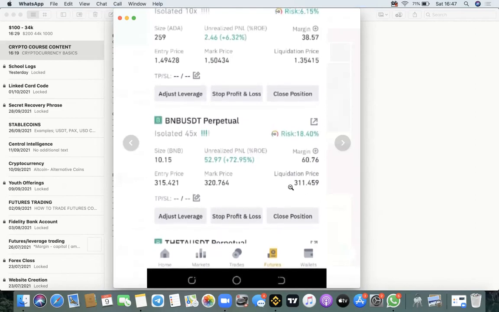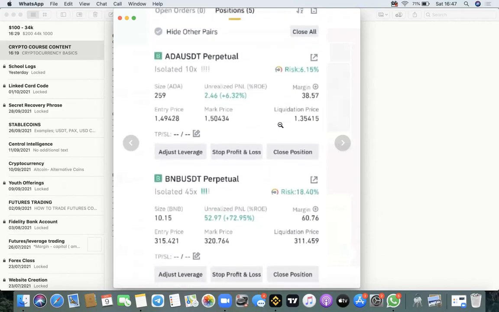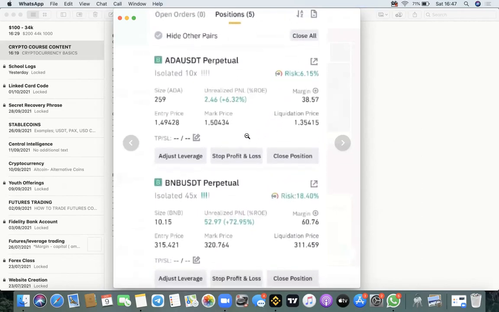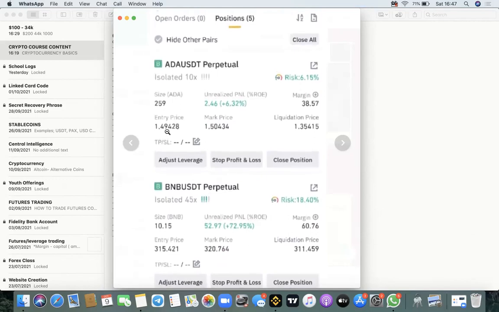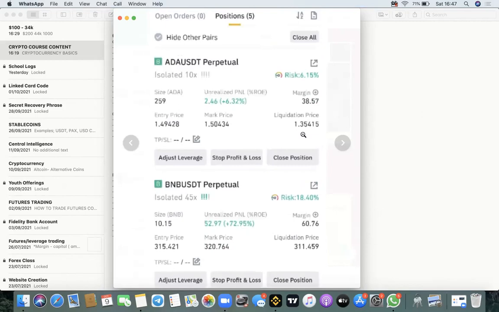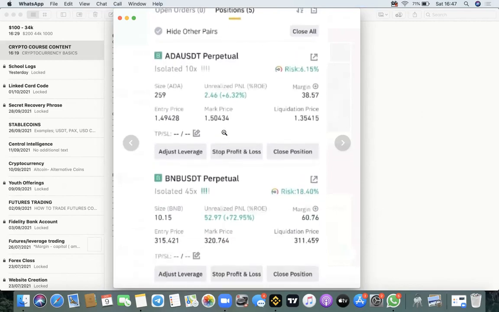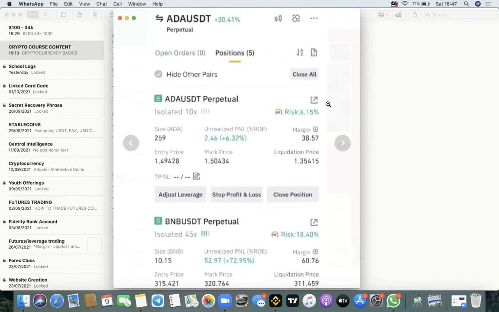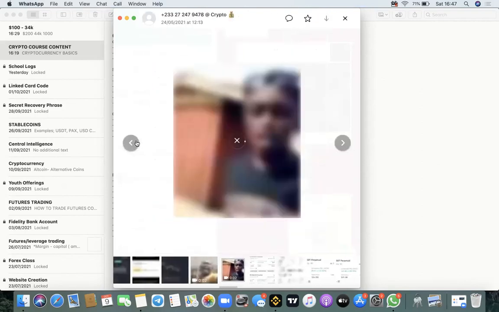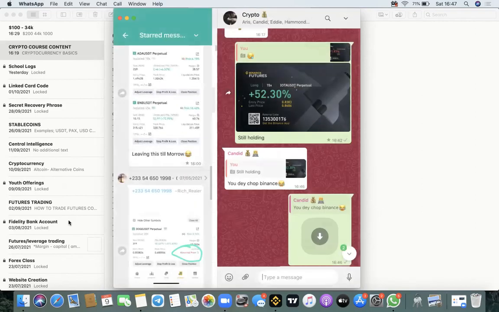This one's entry price is 1.49428, and liquidation is at 1.35. So that's it. This is what futures trading is about.